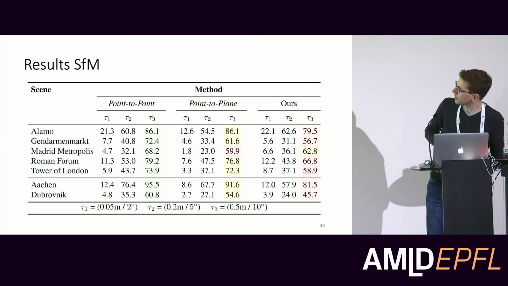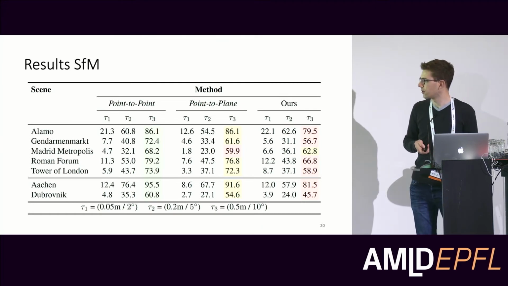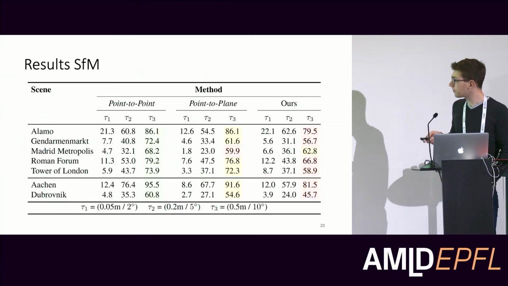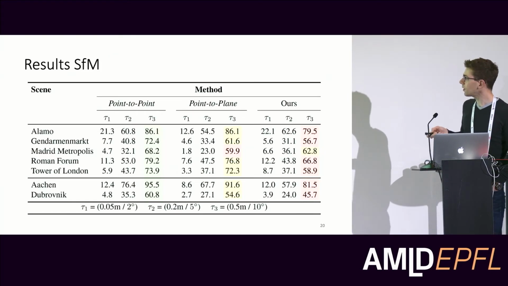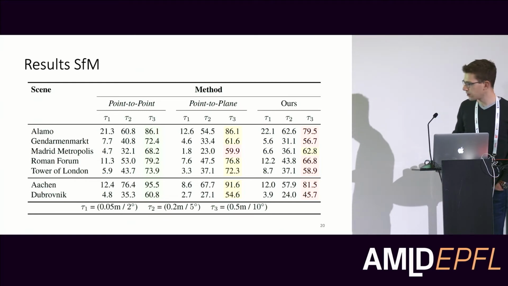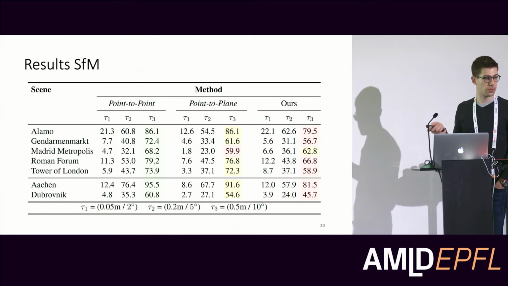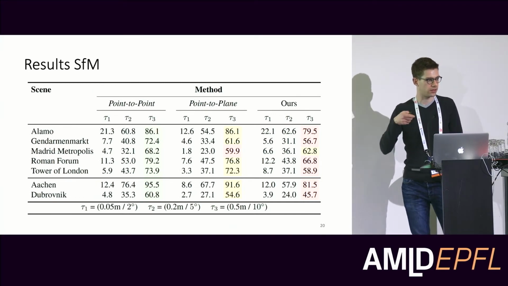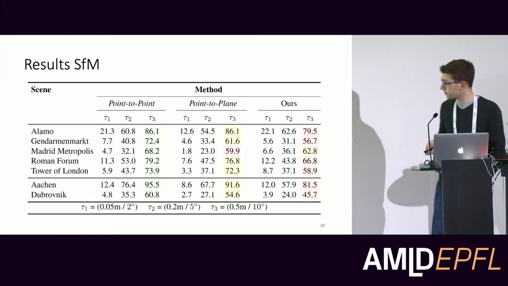And again, we're missing highlights here, which is a bit unfortunate. Basically, what is important is the third row here. So we have a slightly larger error threshold. It's like all poses, or the percentage of poses within half a meter or in 10-degree offset to the ground truth.